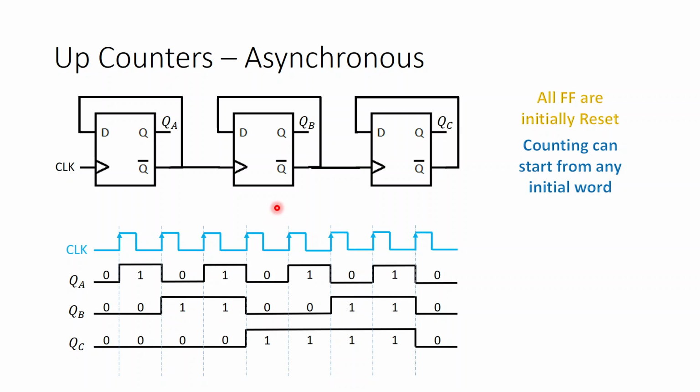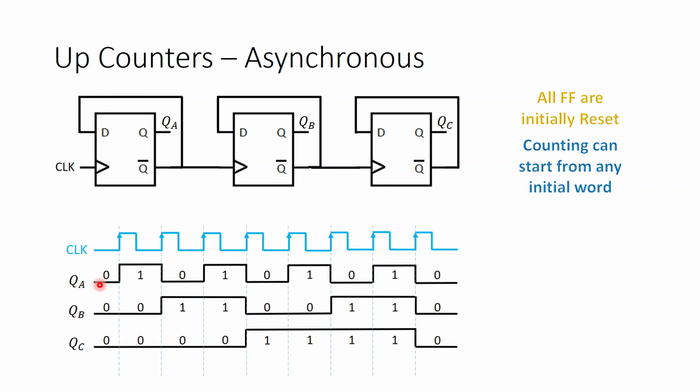We first study the asynchronous up counter, then we will study synchronous up counters also. So you see here 0, 0, 0 is the initial flip-flop state. Now why does QA become 1 at the first clock edge trigger? Because QA bar is fed back to DA. Since QA is 0, QA bar is 1, so DA was 1. Always, we don't write all the signals in the timing diagram, we only draw the signals of interest.